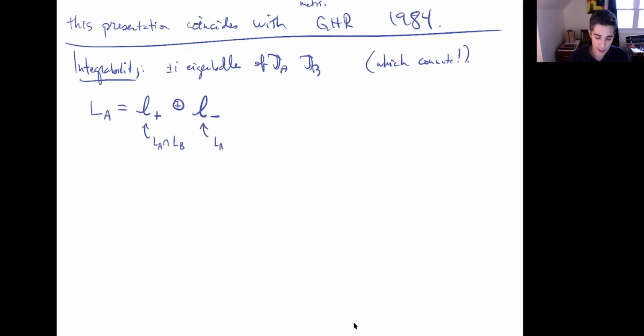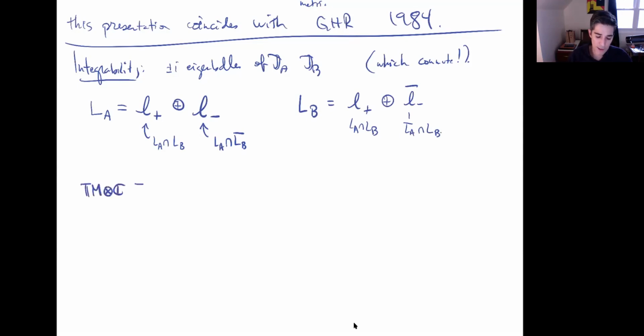L minus is going to be LA intersect LB bar, where they have opposite eigenvalue, but JA has eigenvalue I. Whereas LB will still have LA intersect LB in it, so L plus will still be in LB. But instead of having LA intersect LB bar, it will have the complex conjugate of that, so LA bar intersect LB, so that it has the plus I for LB, but not for LA.